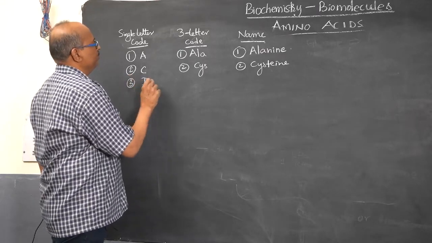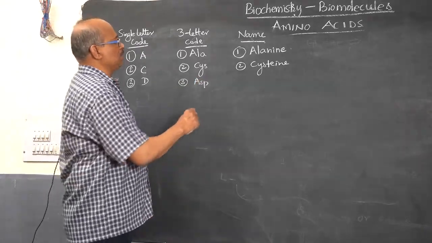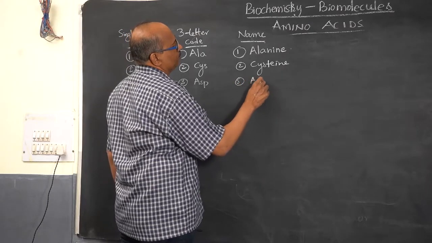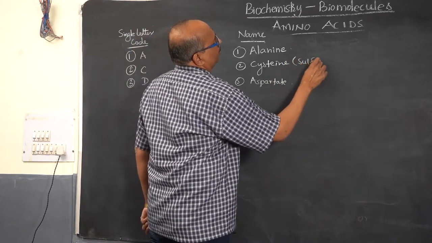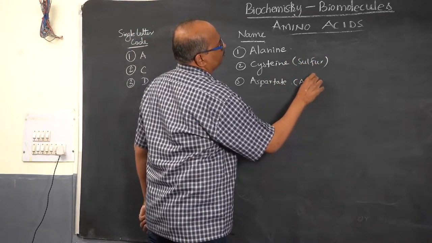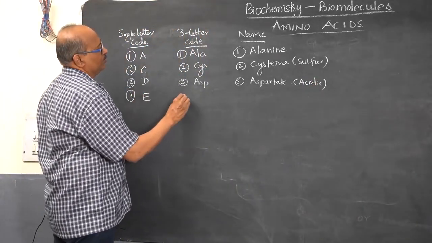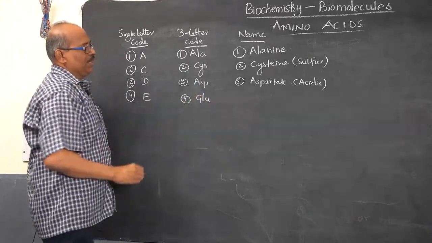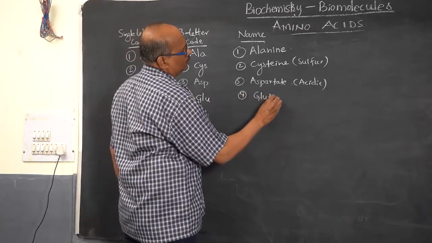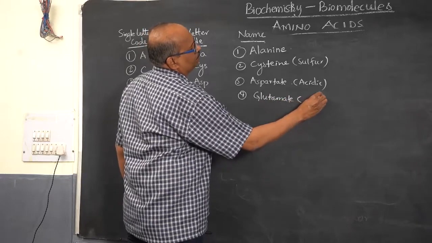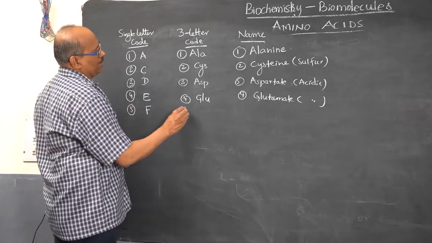Third, we have D. This actually stands for acidic amino acid aspartate. So this is sulfur, this is acidic. The next letter also again acidic amino acid, glutamate. Next, aromatic amino acid.